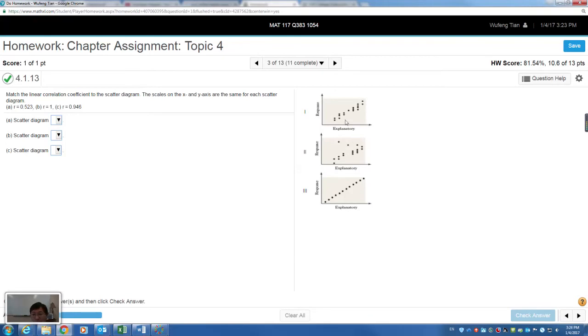So of all three pictures, graph 2 is the bad one, and r equals 1 is a very nice one. Of all the three pictures here, number 3 is the best picture, with a linear relationship. So C would be number 3, and r equals 0.9 is number 1.